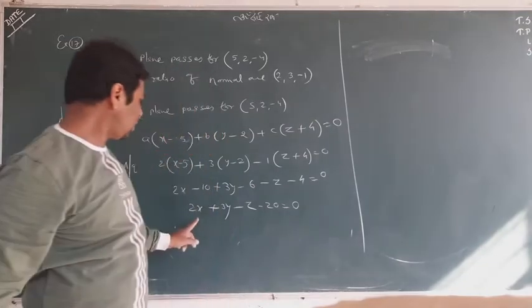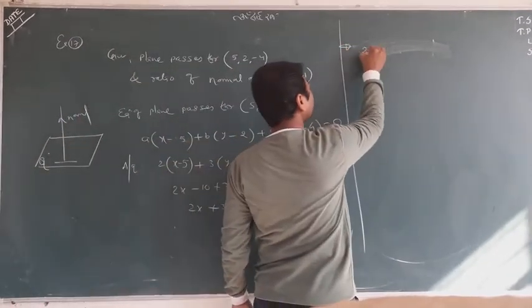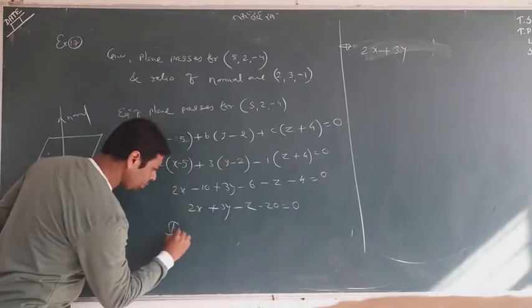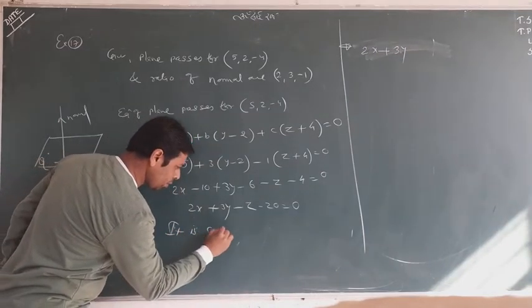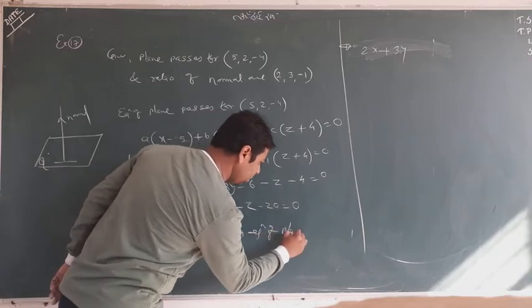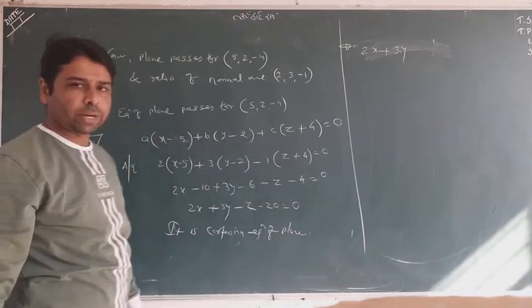Look at this: 2x plus 3y minus z minus 20 equals 0. It is your Cartesian equation of the plane. You have got it. Now we find the vector equation.